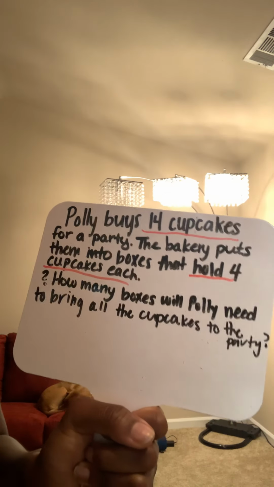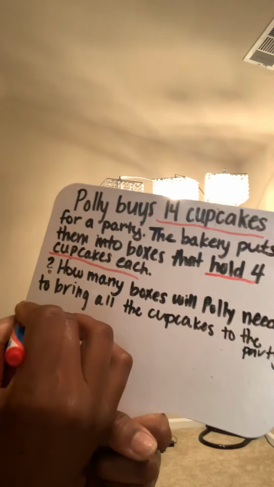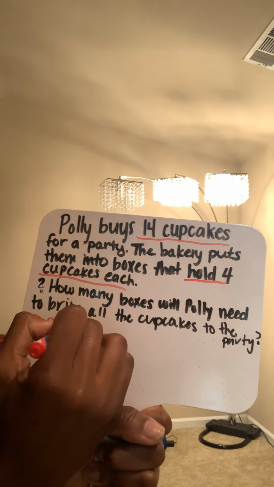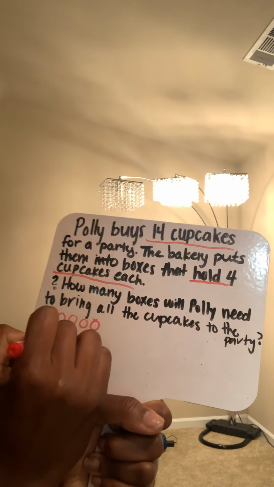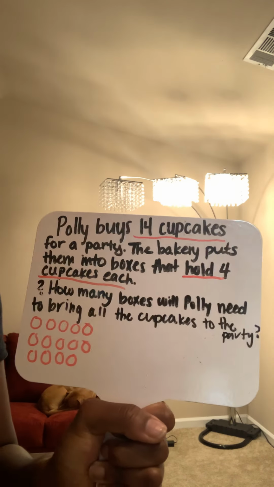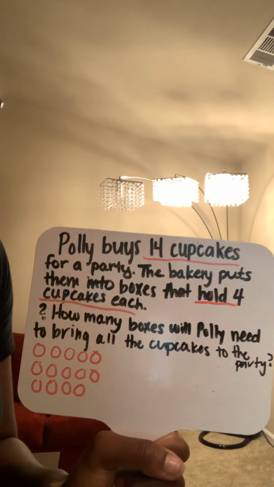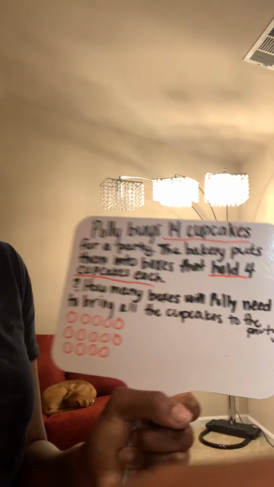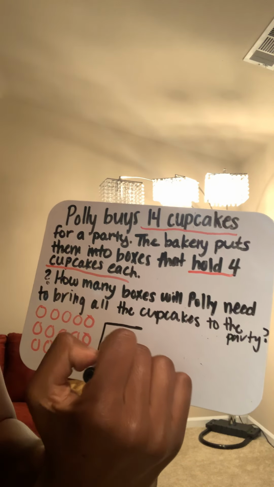All right? So the first thing I'm going to do is draw out my 14 cupcakes. So we've got 1, 2, 3, 4, 5, 6, 7, 8, 9, 10, 11, 12, 13, and 14. And this is going to help me keep track when I'm filling in my boxes. So I'm going to go ahead and draw one of our boxes.